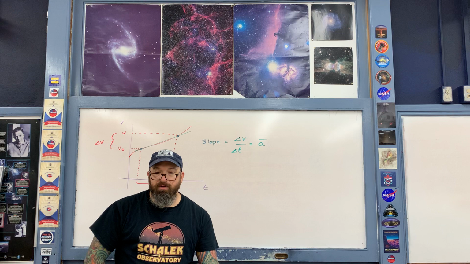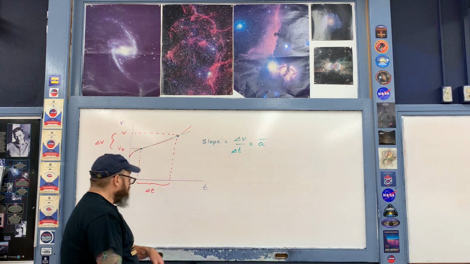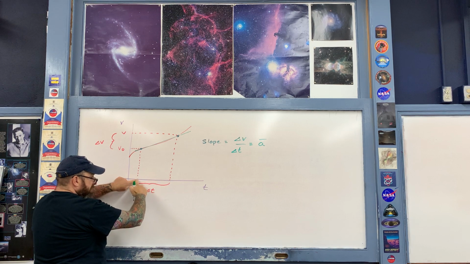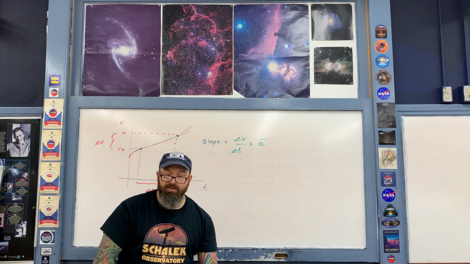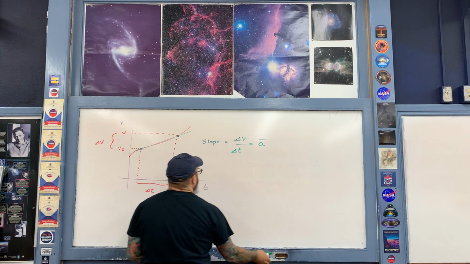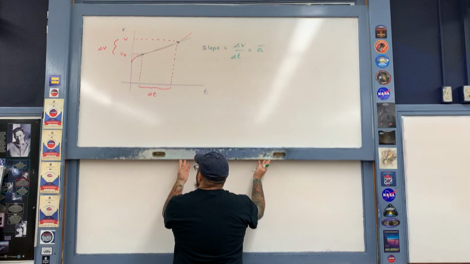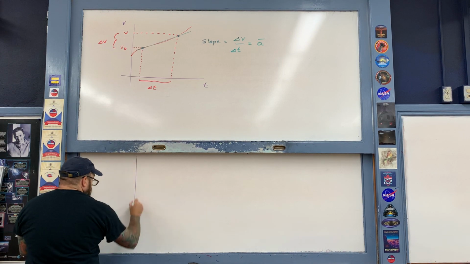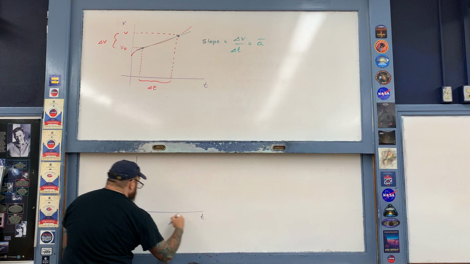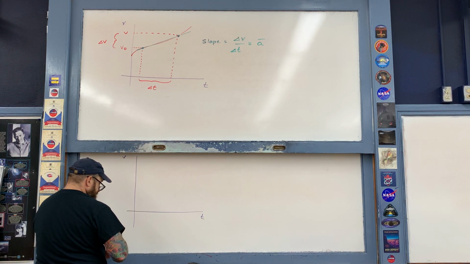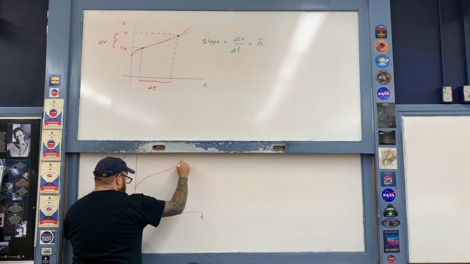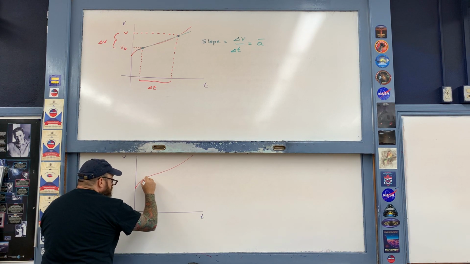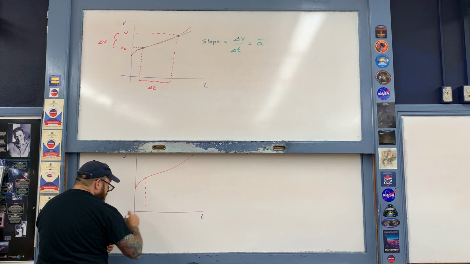In order to describe, however, what happens at an instant in time, we have to, once again, take this time interval and literally make it infinitesimally small. That then changes the graph such that it looks like this. Okay, so once again, we graph out here velocity as a function of time. Right here is our curve. And then let's say that we're interested in knowing exactly how this red polynomial is changing right here at this instant.